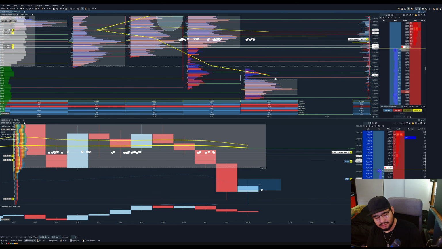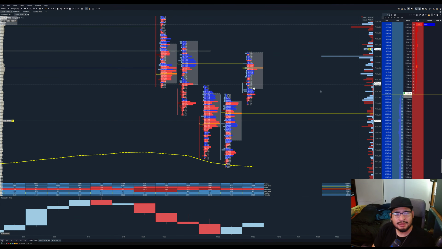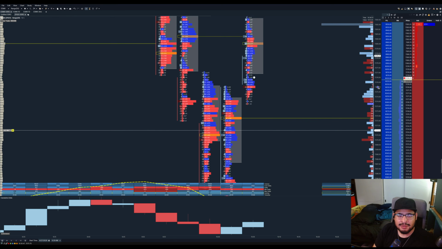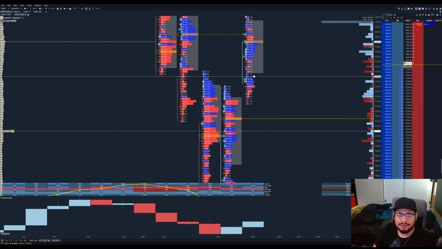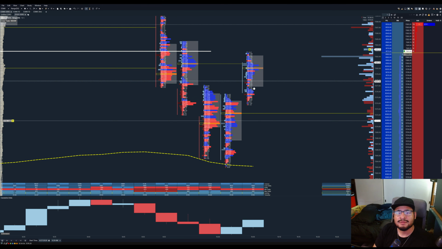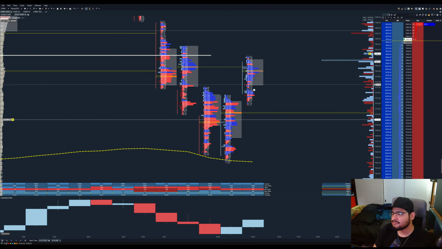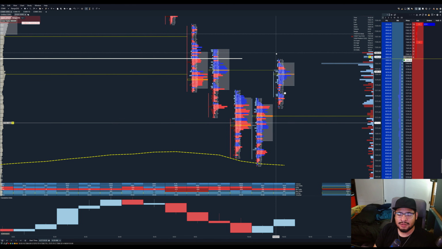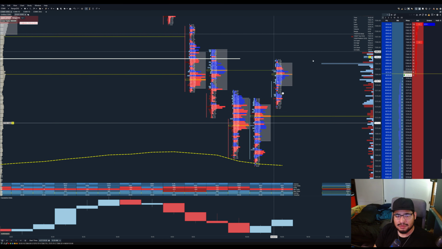We have a single zero print. Is it gonna? No, I think it. I'm not sure if we had a zero print at 72, 76, but we failed it if we did. So we just repaired that single print section. So let's see if we are to continue going lower.